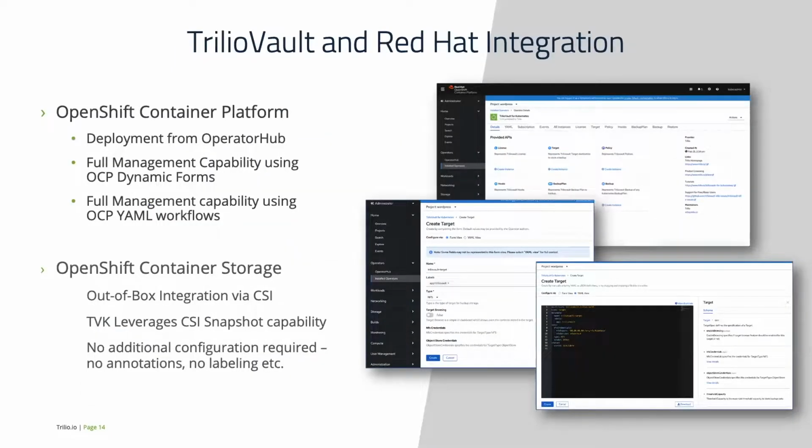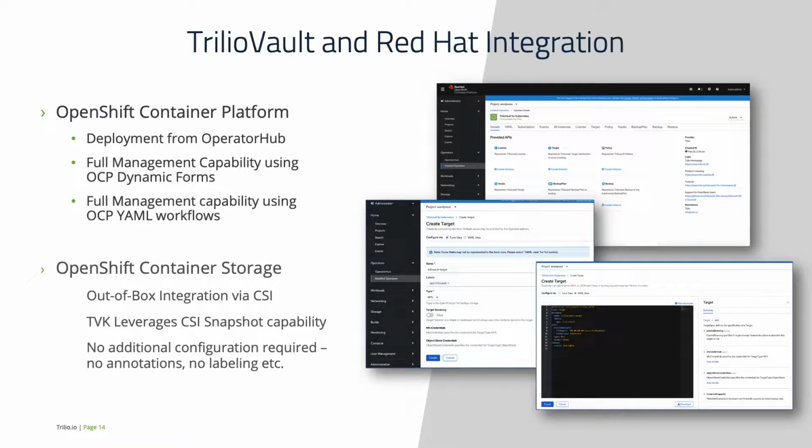Now, what we've done with the Red Hat ecosystem, or Red Hat OpenShift specifically, is we have integrated extremely well into all the different aspects of the OpenShift container platform. As we've already mentioned, it's a single-click deploy from the Operator Hub.